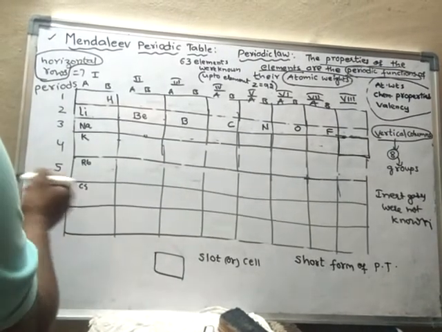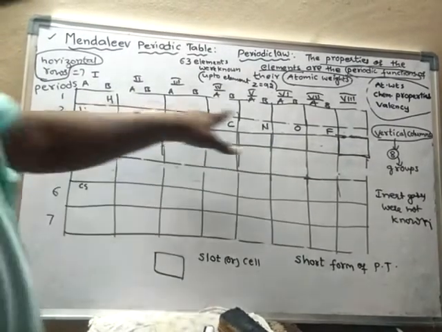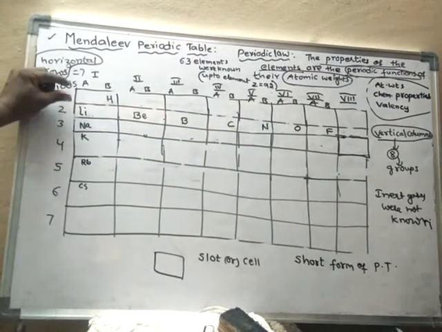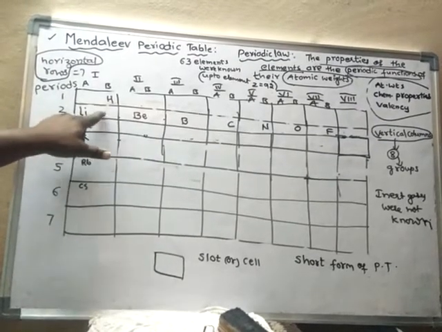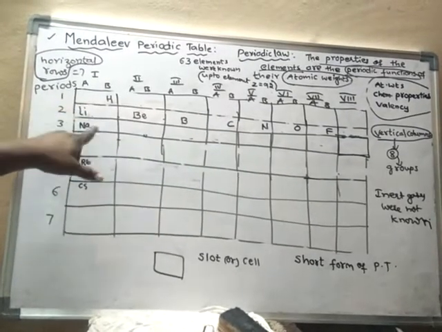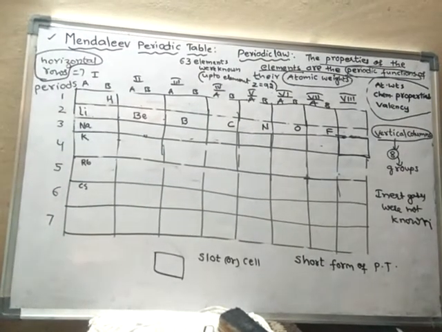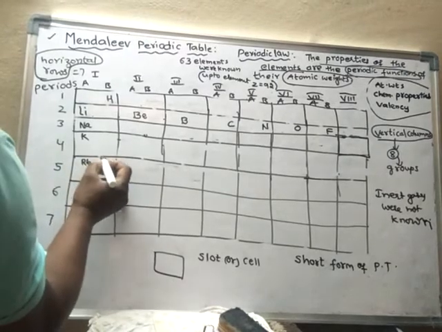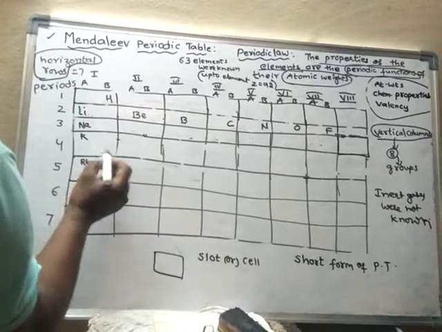And look here, if you consider the periods, there are 7 periods. The first 3 periods contain only one element in one slot. Every slot contains one element only. From the 4th period onwards, every slot contains 2 elements.